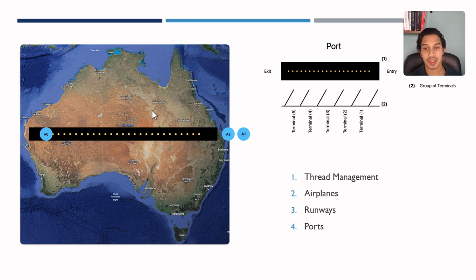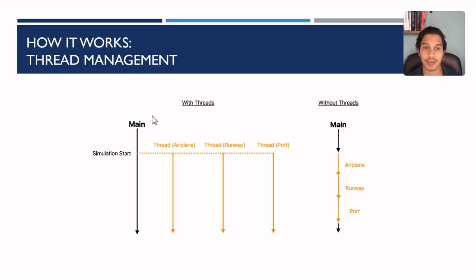We begin by first discussing how I manage threads in this simulation. Each class, which is airplane, runway, and port, is run on a separate thread. More specifically, their main functions are run in separate threads.